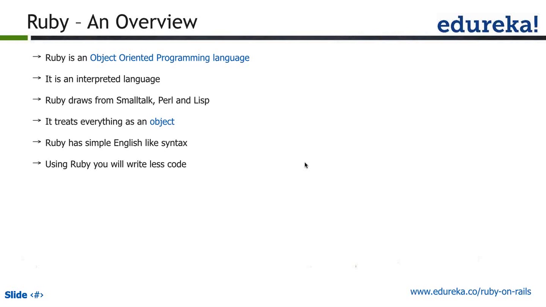The syntax of Ruby is very English-like, which makes it more readable, as you will see. And the syntax is terse or compact, which makes you write less code.